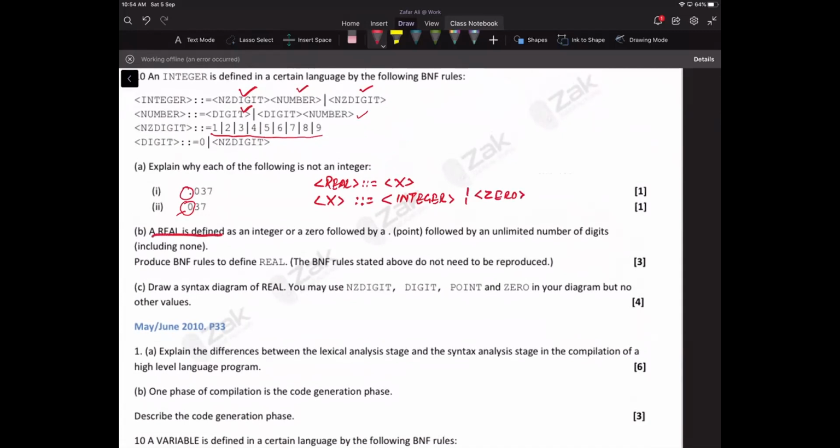A real is defined as an integer or 0 followed by a point, followed by an unlimited number of digits including none. An unlimited number of digits means number. Including none means it might be just x followed by a point, and that's about it.